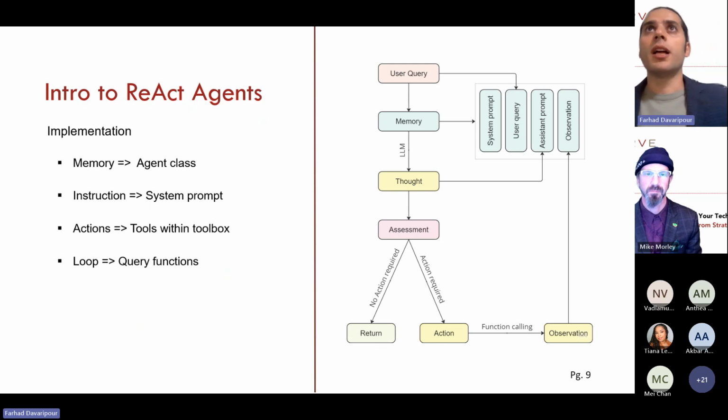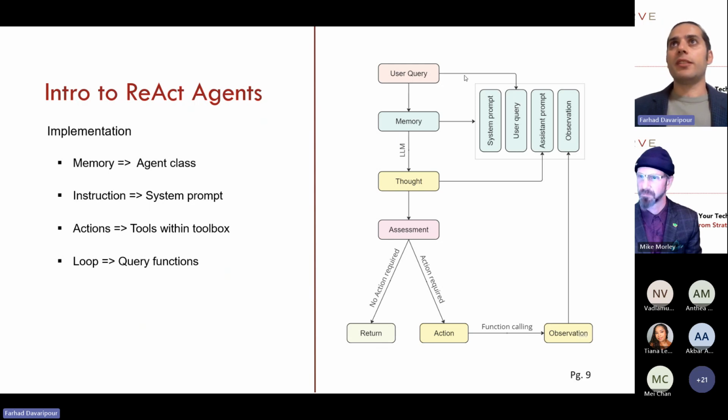this agentic workflow. When the user query is submitted, as we discussed before, we have the memory, which is one of the core components of the ReAct agentic workflow. This user query will be appended to the memory.